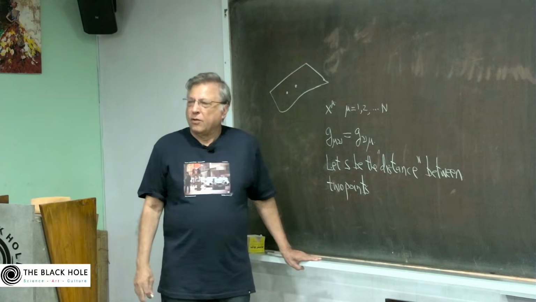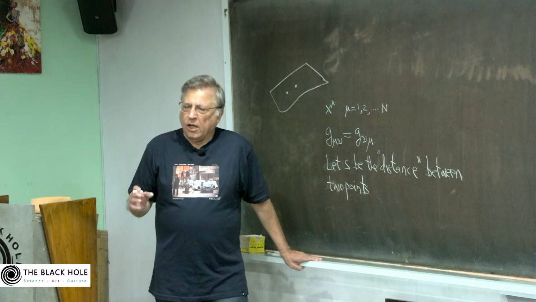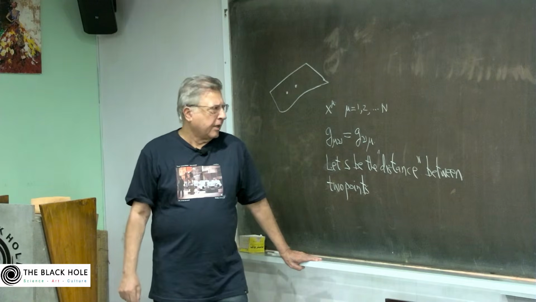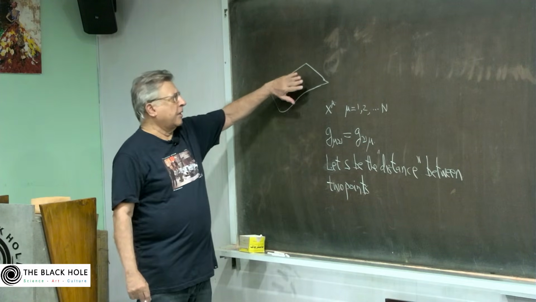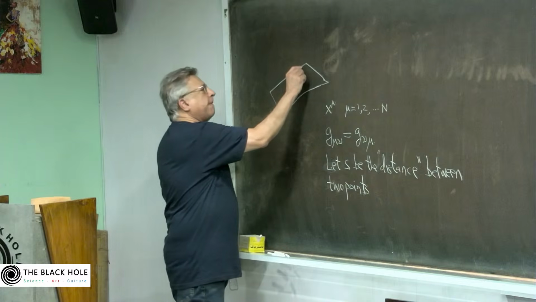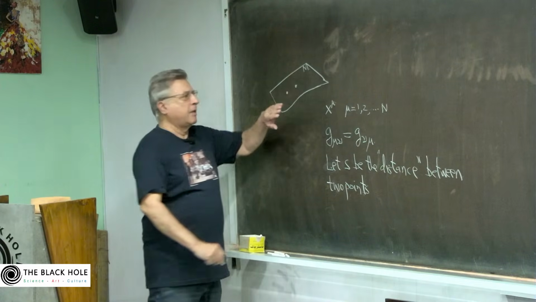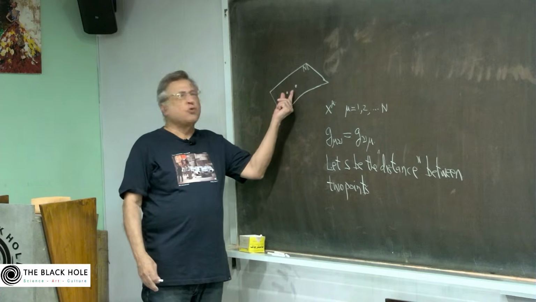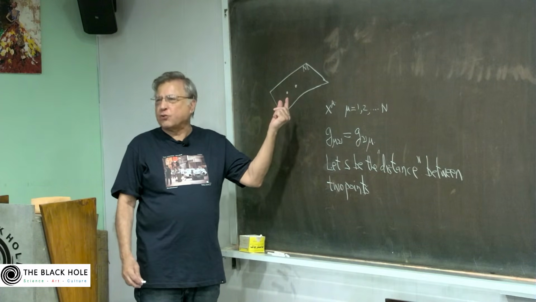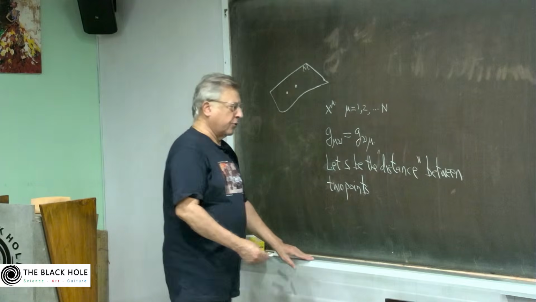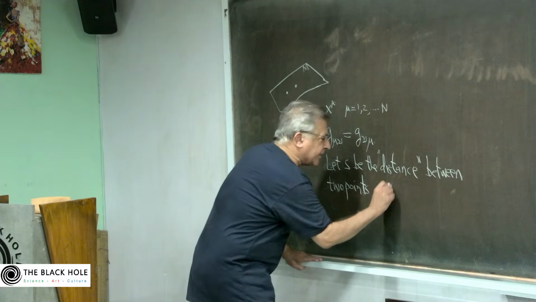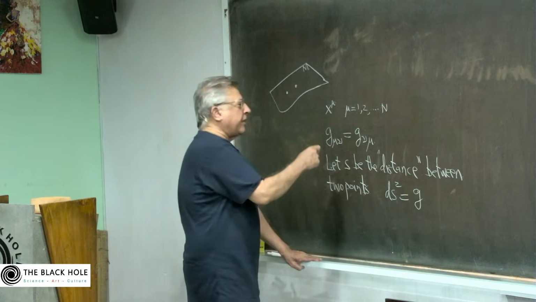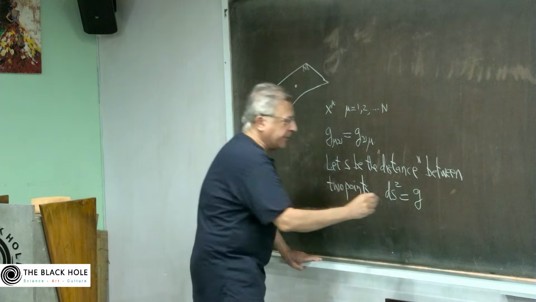And since we are considering only a small patch, so of course the manifold M extends very widely, but we will consider two points that are very close to each other. So the small distance between them will really be what defines g_mu nu.